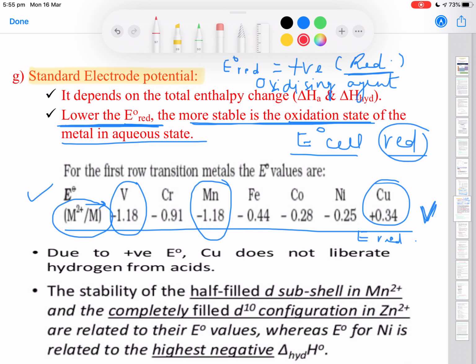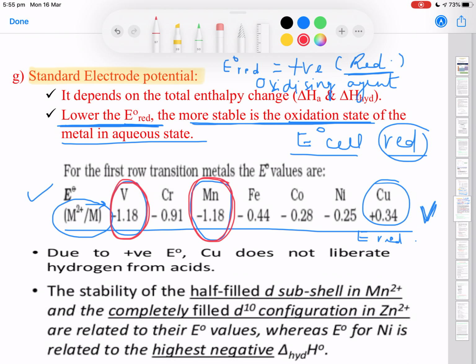Let me use this red one. It's manganese and vanadium. Okay, because their electrode potential is minus 1.18, and remember the concept that minus 1 is greater than minus 2 because of the negative sign.